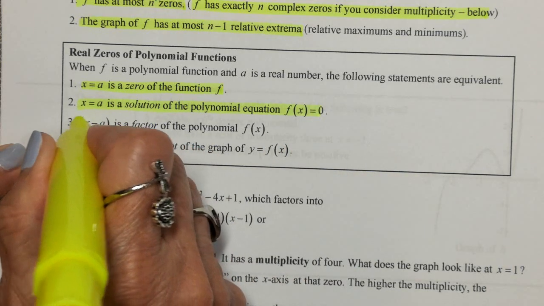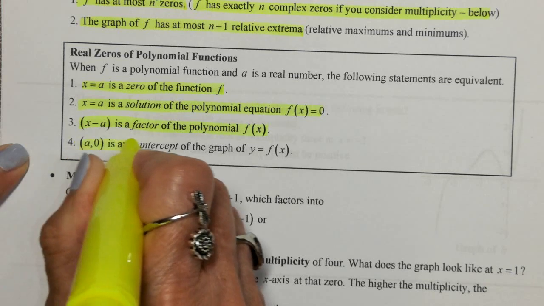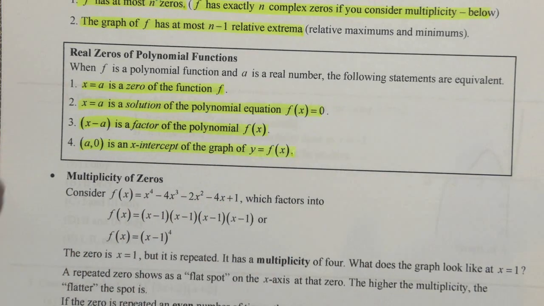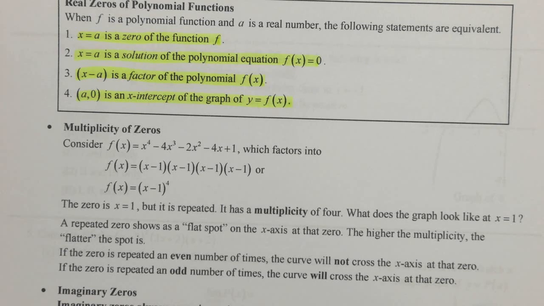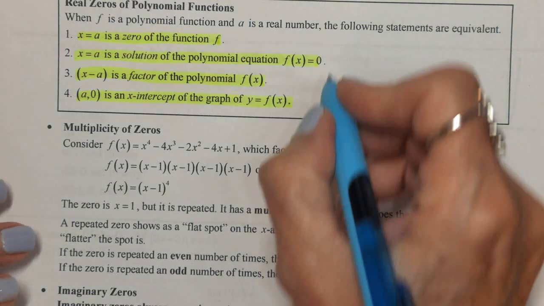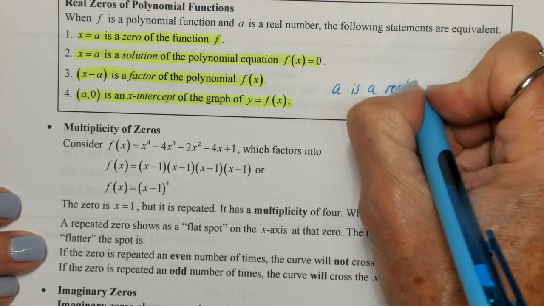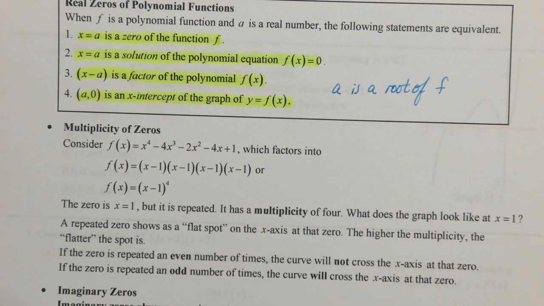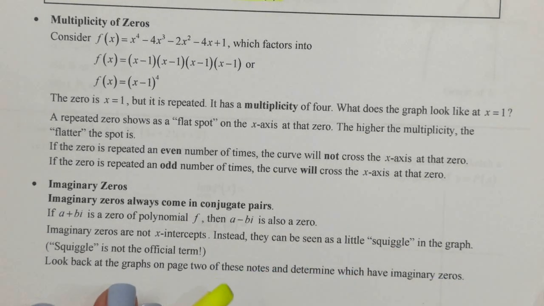X minus a is a factor of f. And (a, 0) is an x-intercept of the graph of y equals f of x. So we use those interchangeably. Another one we use in there is a is a root of f. Root and zero.